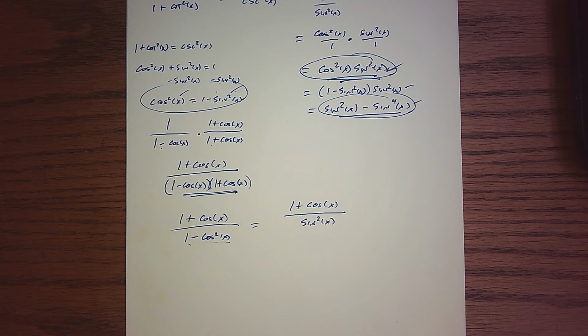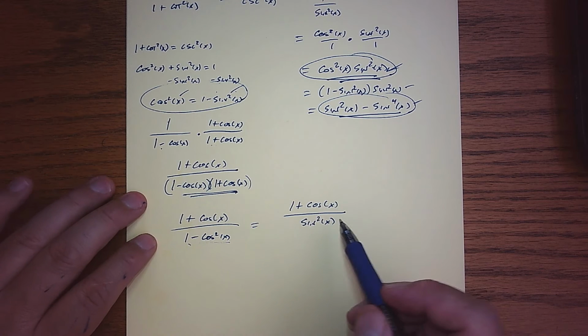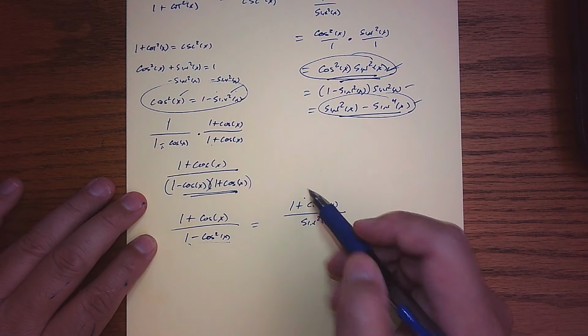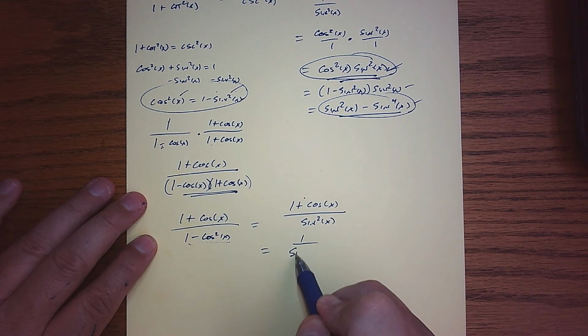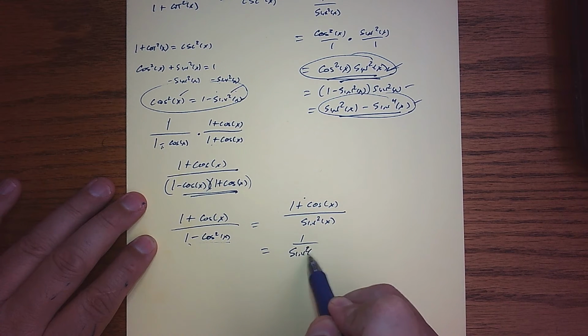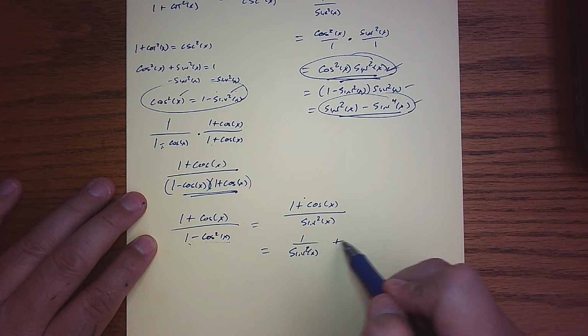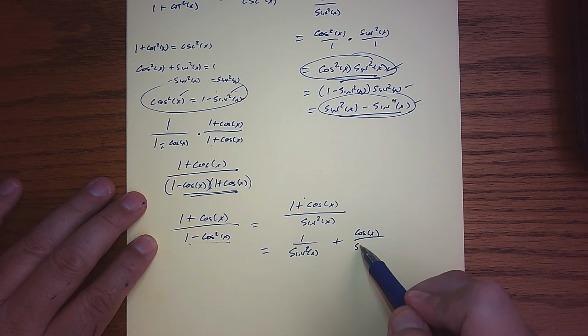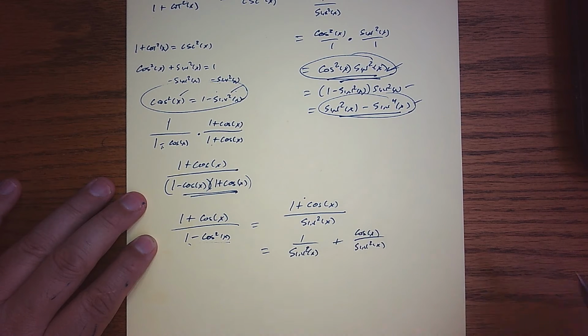All right, and we still have that quotient, but what I can now do, unlike where if we have a subtraction or addition on the bottom, when I have it on the top, I can break this up into 2 fractions. So this is 1 over sine squared and cosine of x over sine squared of x.